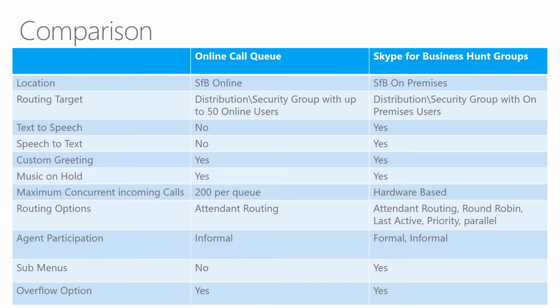You can do up to 200 concurrent calls, and we do attendant routing, which means that no matter your status, you will see your phone ringing unless you're on Do Not Disturb or offline. The agent participation is also informal. This means that once you are assigned to a queue, you are a member of the queue. You can't sign in or out of a queue, something that is possible with the on-prem version. So we really worked toward an essential version of the call queue groups for our online offering.